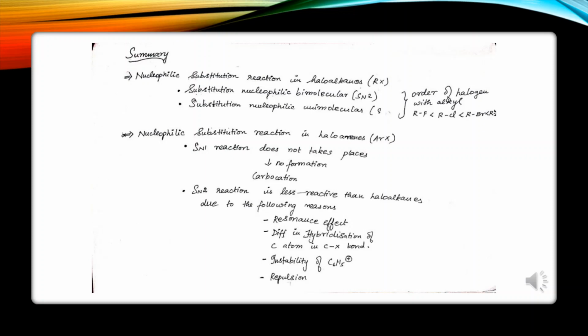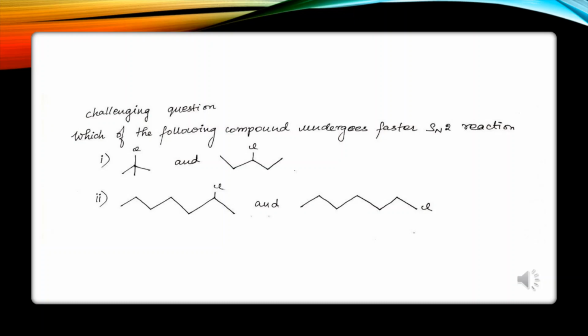SN2 reaction is possible, but it is less reactive than haloalkanes due to the following four reasons: resonance effect, difference in hybridization of carbon atom in the C-X bond, instability of C6H5+, that is phenyl cation, and the last one is repulsion. Okay guys, let's end this video with a challenging question.